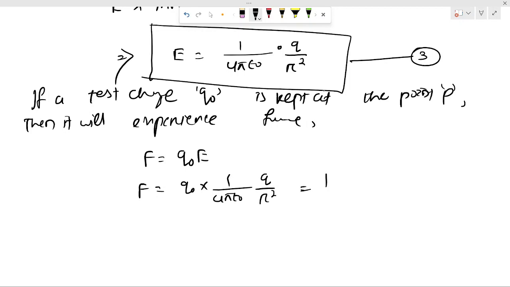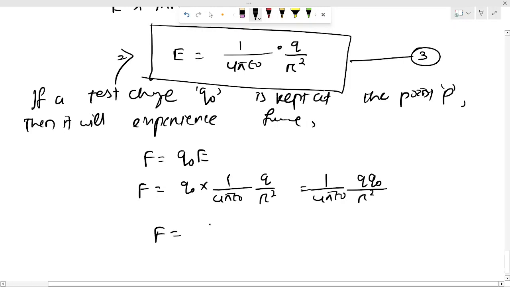So it will become 1 upon 4 pi epsilon naught Q Q naught upon r square, isn't it? So you got the Coulombic force from here.